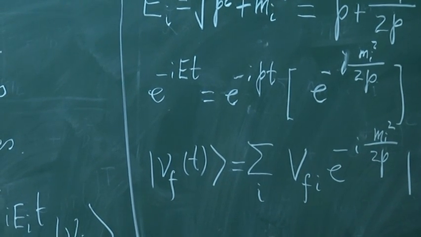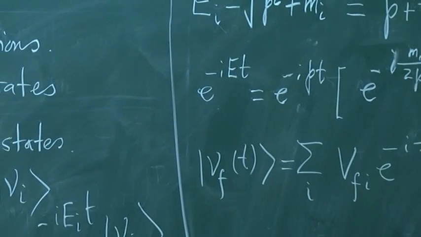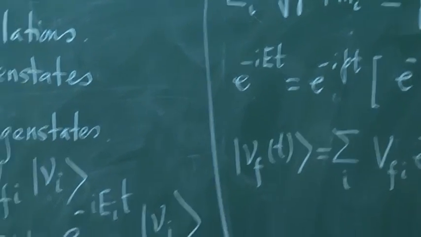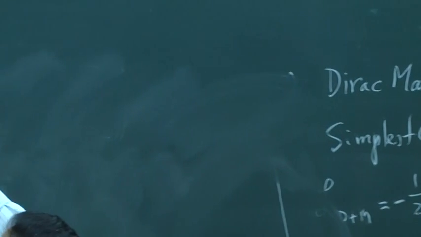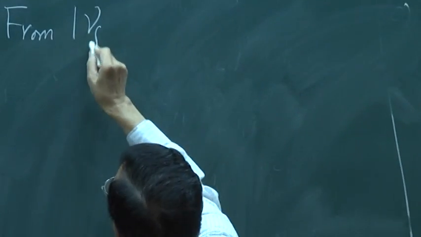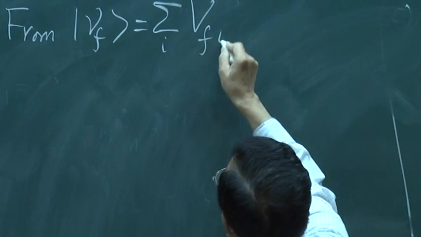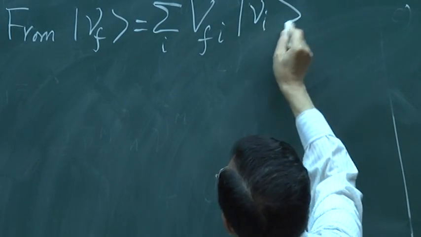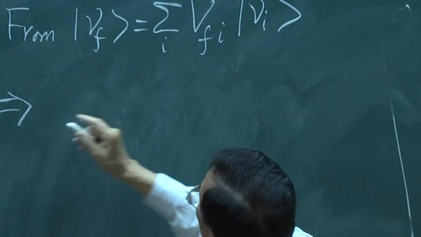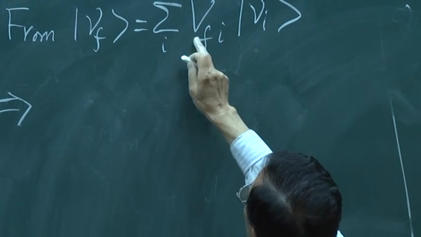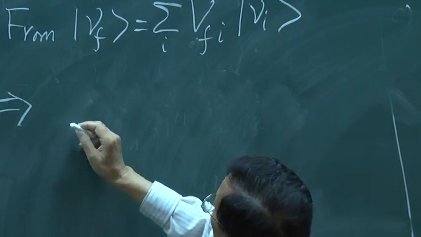From that equation, nu f equals the sum over i of V f i nu i, I can get the inverse of this equation because V is a unitary matrix.